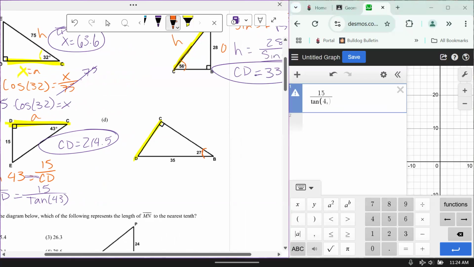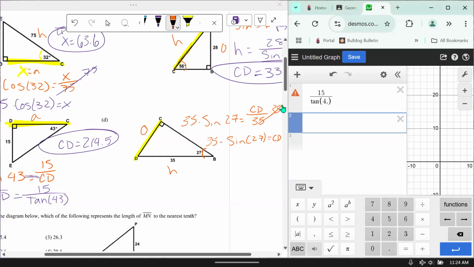Okay, here's our CD. Here's our reference angle, 27. CD is an opposite. Our other given side is a hypotenuse. So that would be sine of 27 equals CD over our hypotenuse, 35. Multiply the 35 out. And we get 35 times sine 27 equals CD.